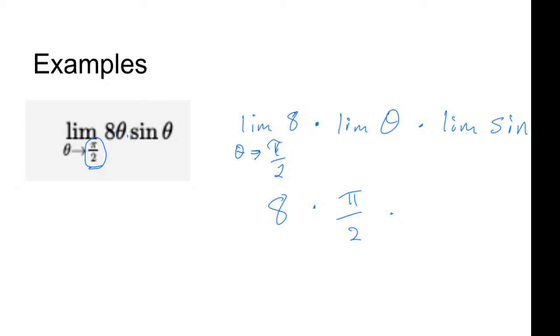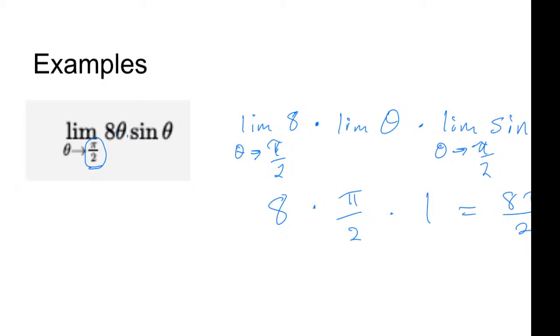We have to look at the limit of sine as theta goes to pi over 2. It's 1. It's not a polynomial function, but we know that sine is continuous, so if we play the game and see what happens when we get close, it's the same thing when we actually get there. So we multiply all these together, and it's 8 pi over 2, which equals 4 pi.